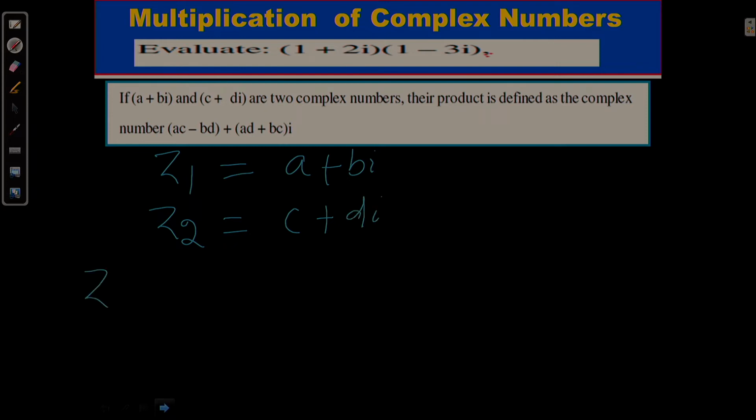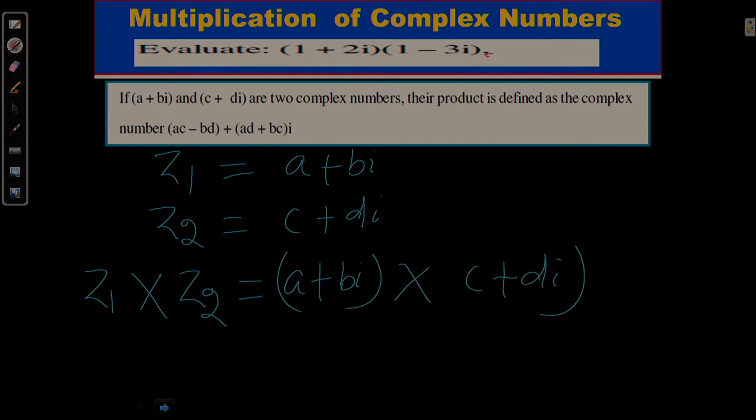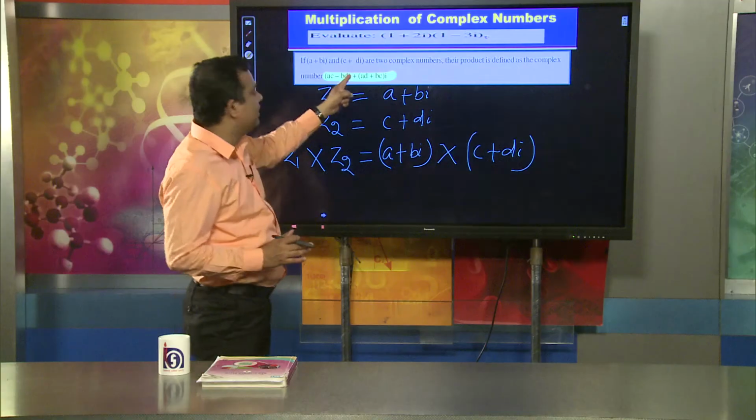Now Z1 multiplied with Z2 is A plus Bi multiplied with C plus Di, and there is a formula: AC minus BD plus AD plus BC into i. Individually, when we multiply and simplify, we find the same result.